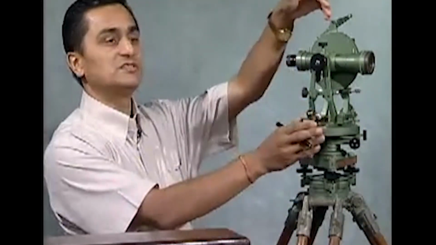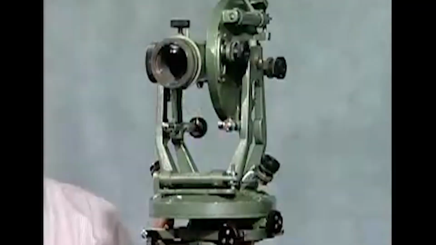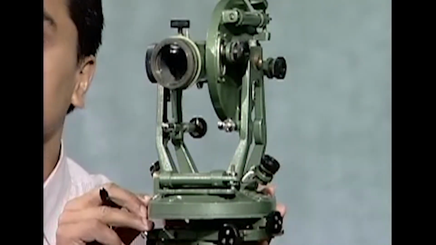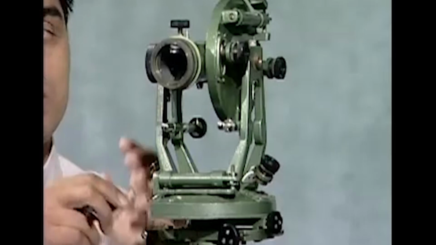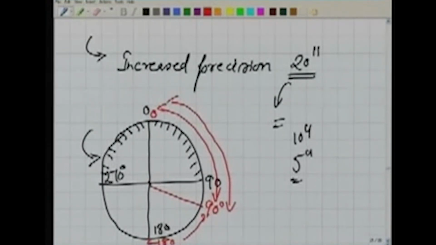If you are measuring only once, as we did in this process, we bisected ranging rod A and took the reading, then bisected the ranging rod at C and took the reading. Now if in between we are only observing from 0 to 90 here, what will happen?